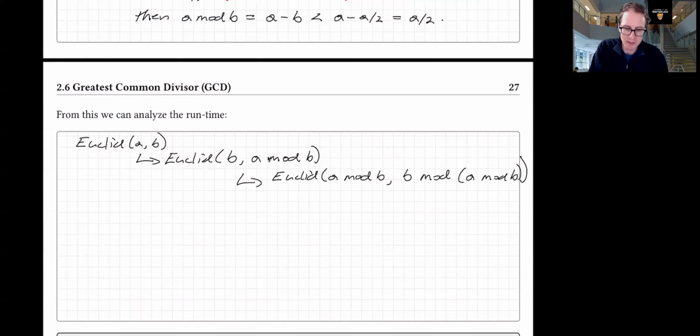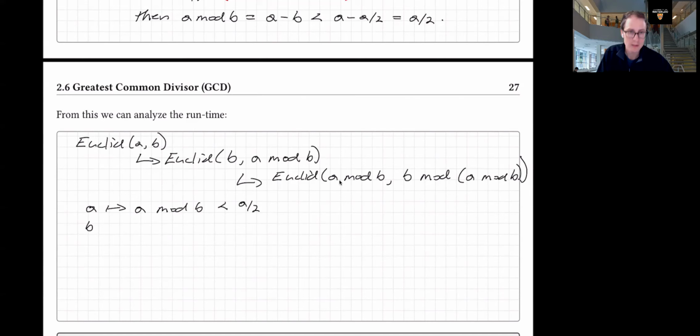And now look at what's happened here. A in 2 calls has gone to A mod B, which by our property is less than A over 2.